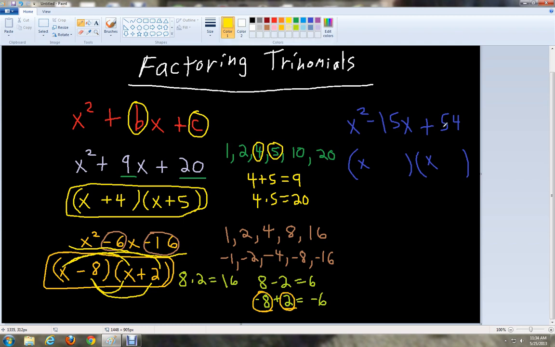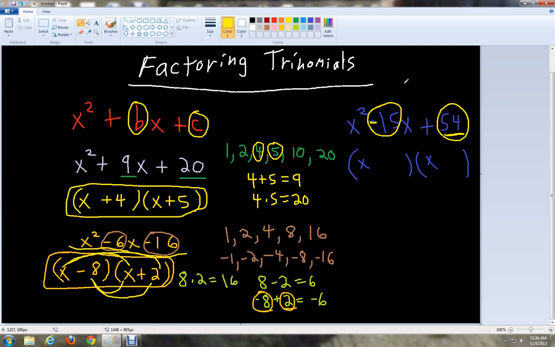And now we just have to find factors of 54 that add up to negative 15. So a little trick here to notice is that when your middle term, the b term, is negative and the constant term is positive, you have to find two factors that give you a negative number.